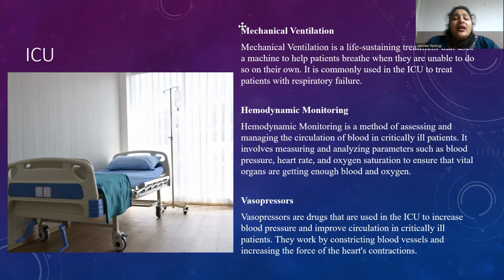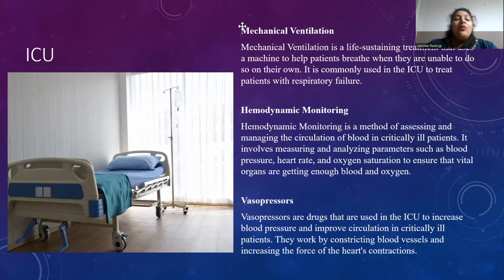Next is hemodynamic monitoring. In technical jargon, hemodynamic monitoring is the measurement and observation of cardiovascular system function, and particularly in critically ill patients, it involves tracking various parameters to assess cardiac function, blood flow, and blood pressure.